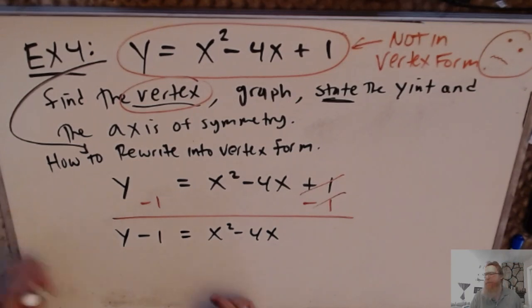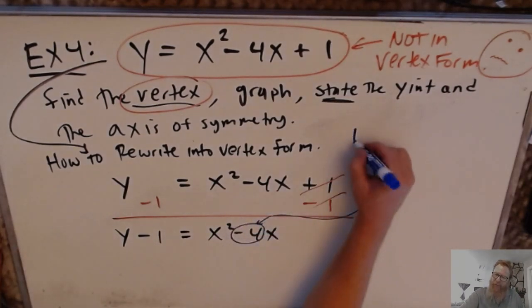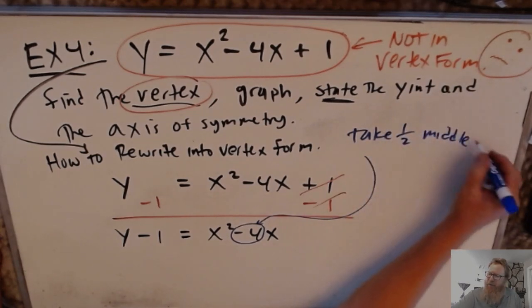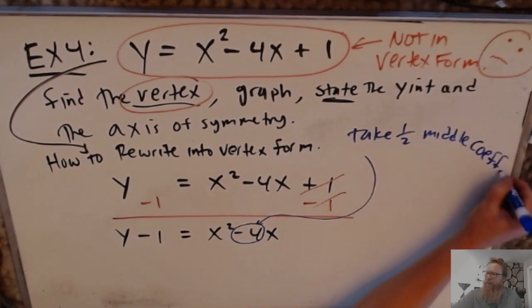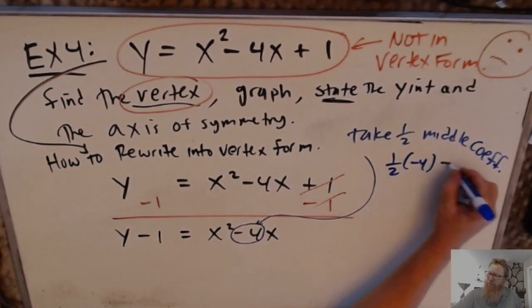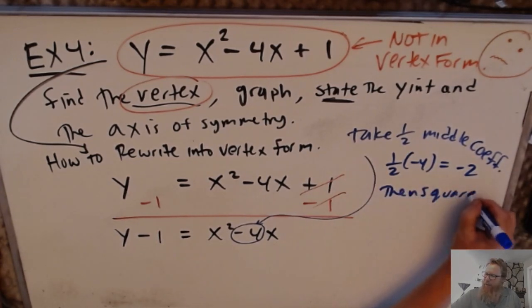You probably remember this from chapter 2. Take half of the middle coefficient. So half of -4, that's -2. Then square it.